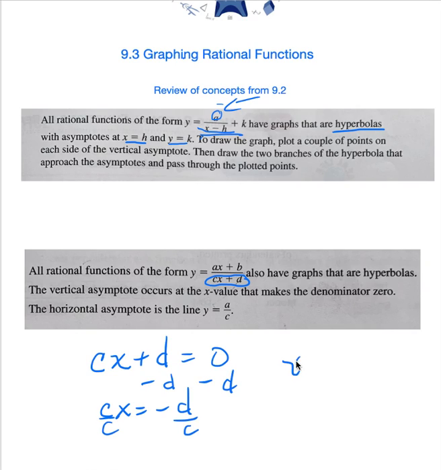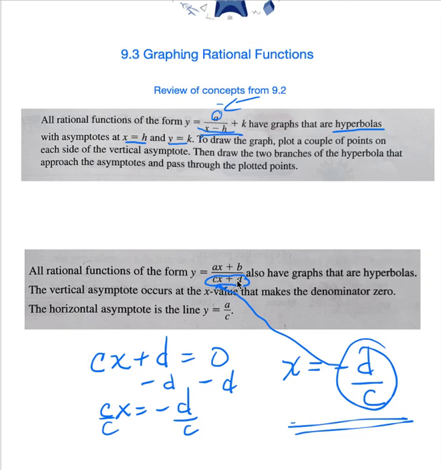And so I have a vertical asymptote at x equals the opposite of d over c. Because if I were to put that in here, it would cause the denominator to become 0, and I don't want that to happen because then my function would be undefined. So whatever causes the denominator to become 0, that's where you're going to have a vertical asymptote.